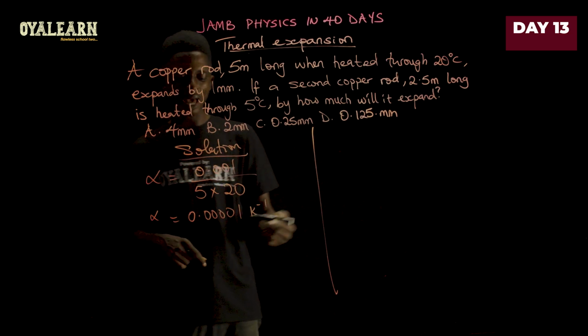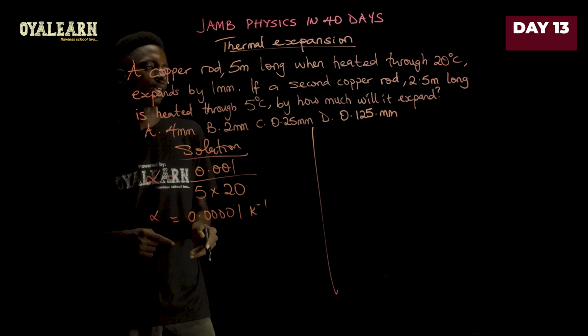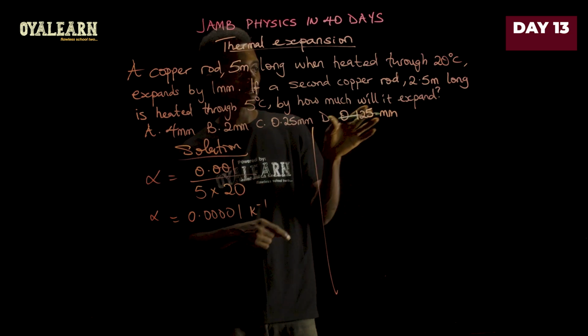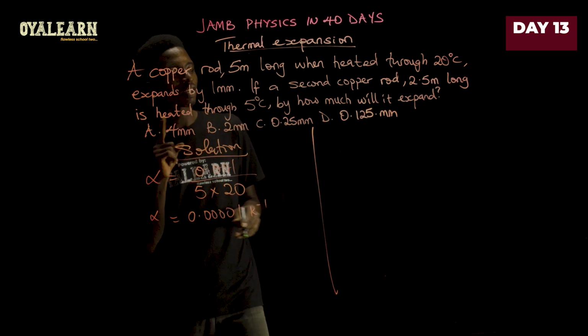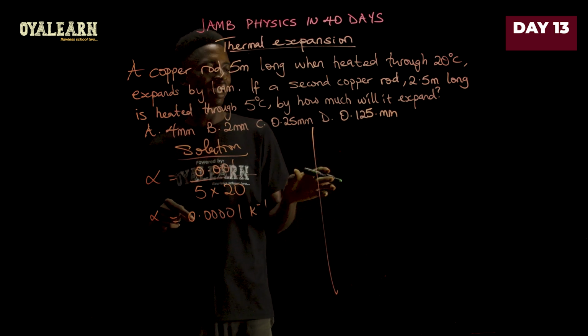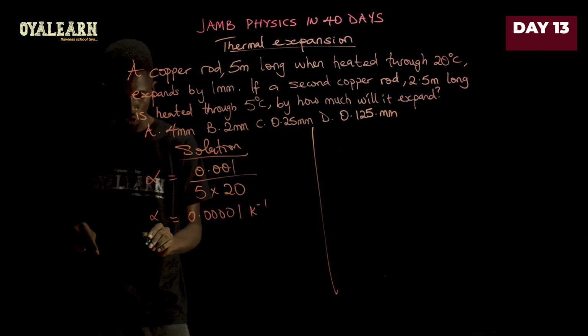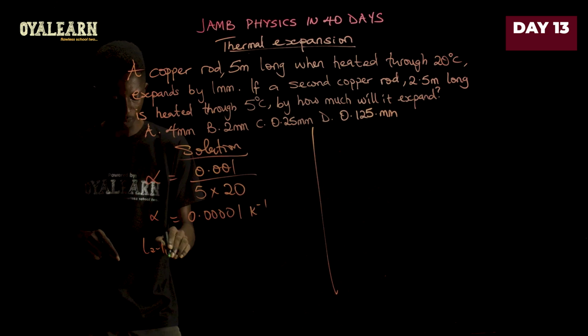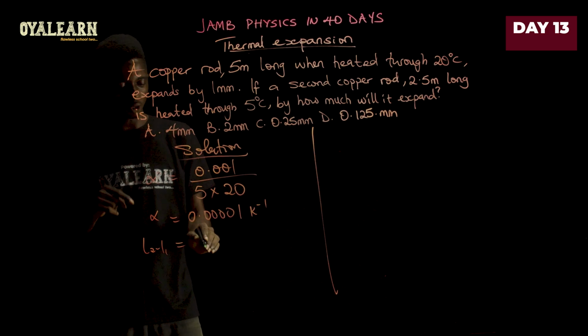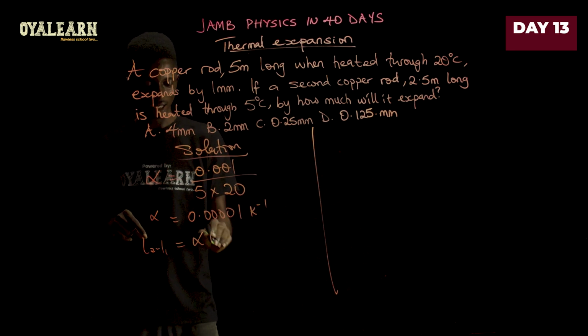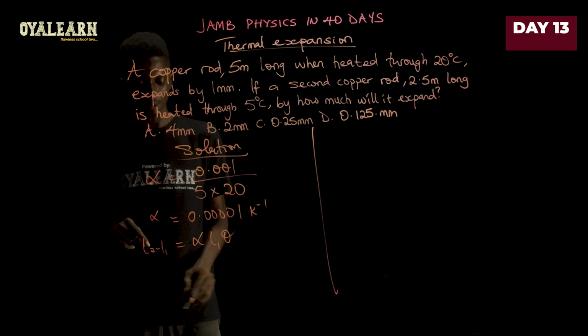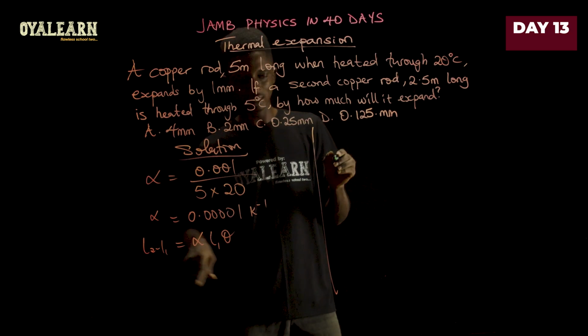Okay, so now that we have the linear expansivity in this case, we can then apply it to the second copper rod. Now take note, in the second copper rod we are trying to find the change in length, that is the expansion. So L2 minus L1, which is the change in length, will now become alpha L1 theta. So now let's apply this here.